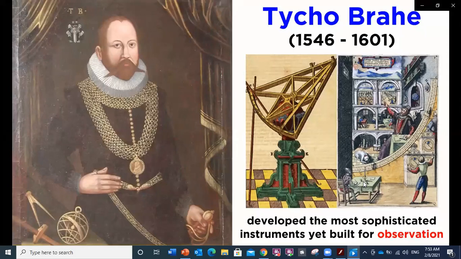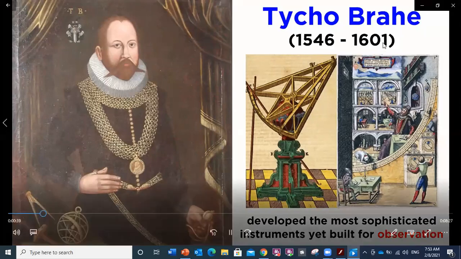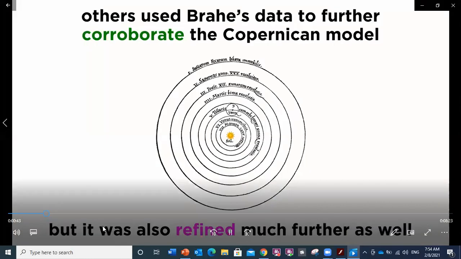In this climate, a figure like Danish astronomer Tycho Brahe was motivated to wield his status and wealth to build the most sophisticated instruments that had ever been built for the purpose of studying the heavens, and employ them to collect the best astronomical data yet collected at the time. Through meticulous observation of the planets and other objects, the Copernican model was corroborated much further, but the stage was set for further refinement of the model as well.